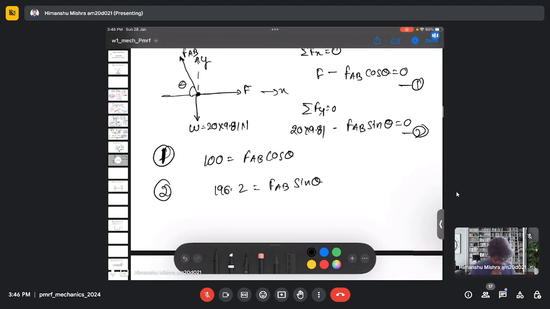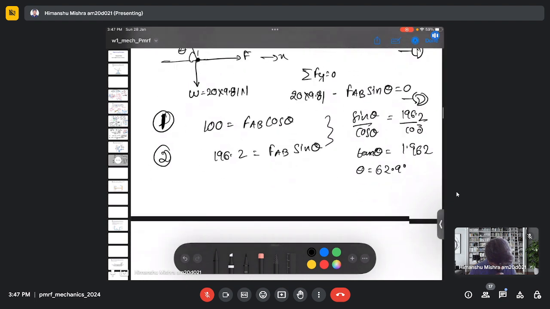Now we can divide the two to get sin theta by cos theta equals 196.2 by 100, and this will be tan theta equals 1.962. On solving this, I get theta as 62.9 degrees.